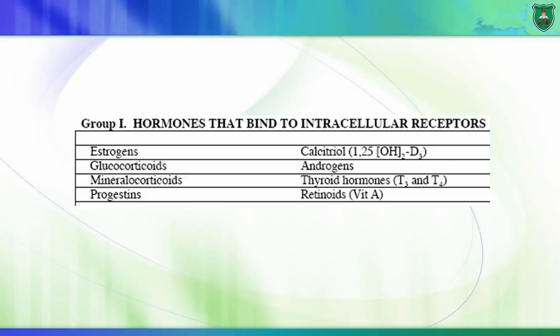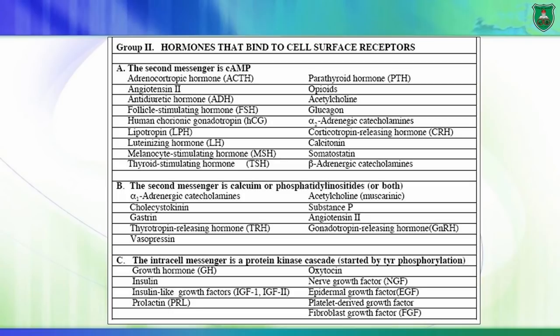So these are the hormones that bind to intracellular receptors. These include the estrogens, the glucocorticoids, mineralocorticoids, progestins, androgens, calcitriol or vitamin D, thyroid hormones, and retinoids. And these are the hormones that bind to cell surface receptors.